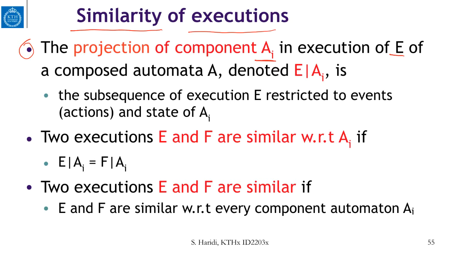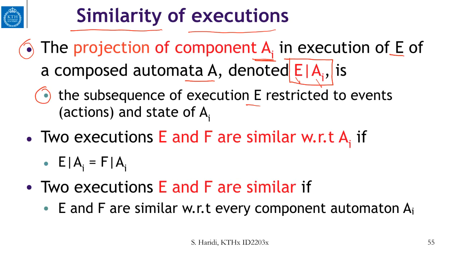The projection of a component automata AI in an execution E of a composed automata A will be denoted by this notation. Here is the execution of the whole, and by restricting it to AI, we say this is the view of AI. So what is it?